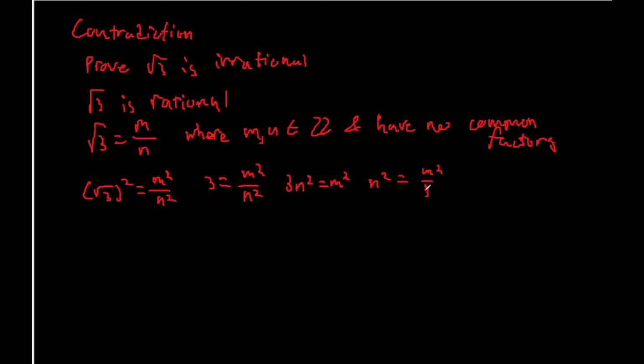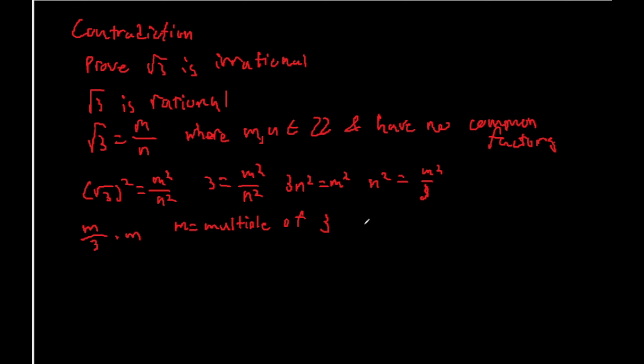And now this is very interesting because let's just look at the m squared over 3 for a second. Another way of writing that is m over 3 times m. So because we have this m over 3, we're saying that m is divisible by 3. So m is a multiple of 3. I'll write that here. m equals multiple of 3.